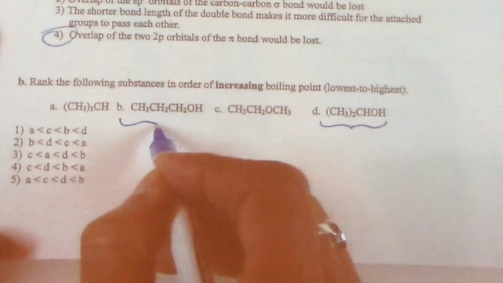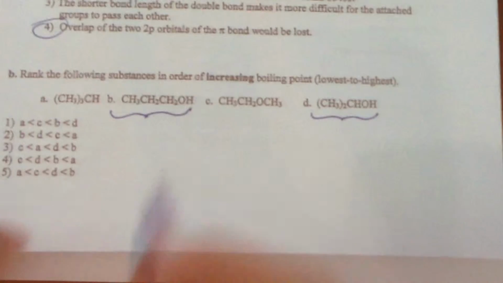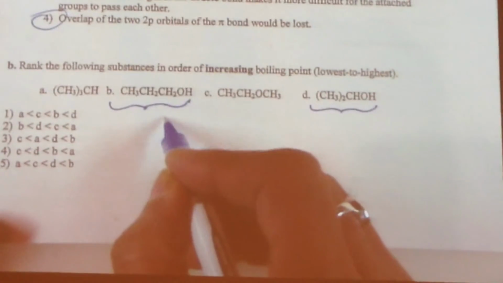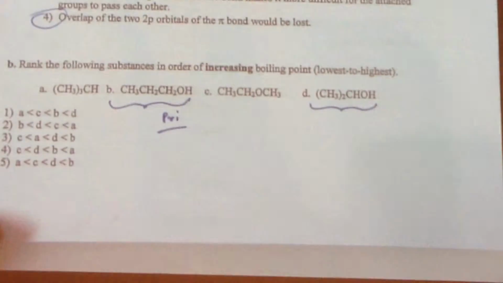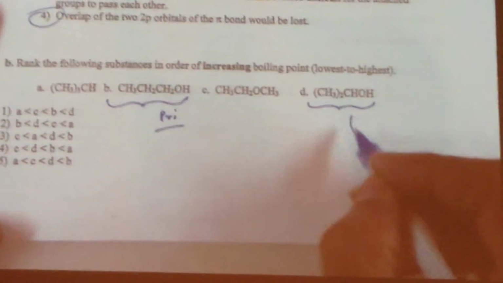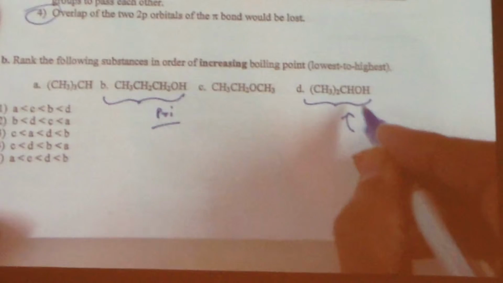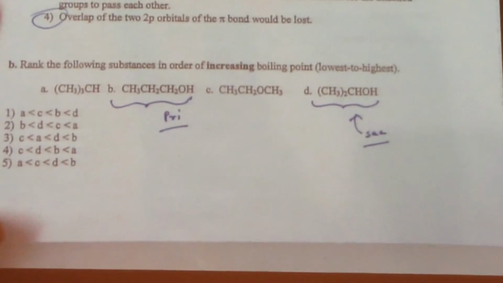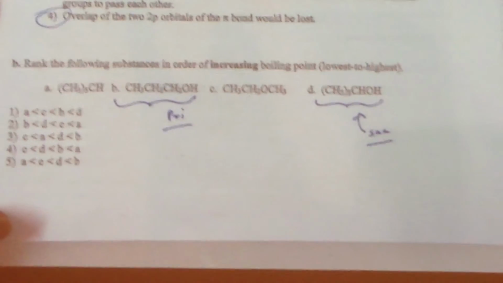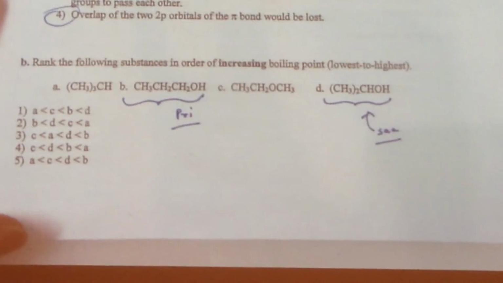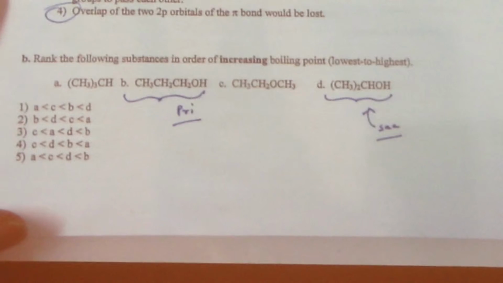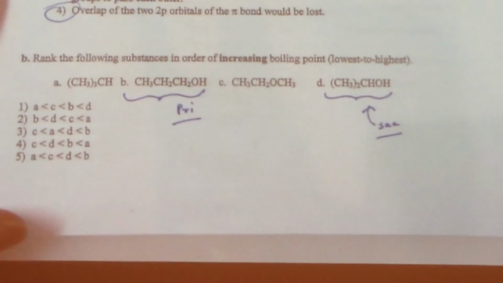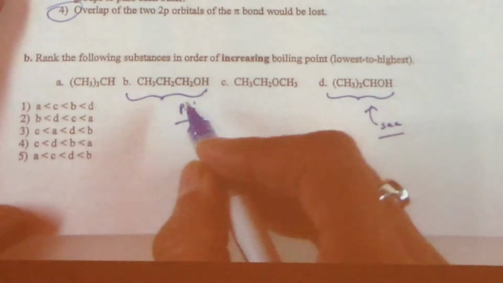These two have the highest boiling points, and in one case you have a primary alcohol, in the other case a secondary alcohol. Each of them has 3 carbons. As we have seen before, more branching makes a smaller surface area and a lower boiling point. Therefore, this will be the highest.